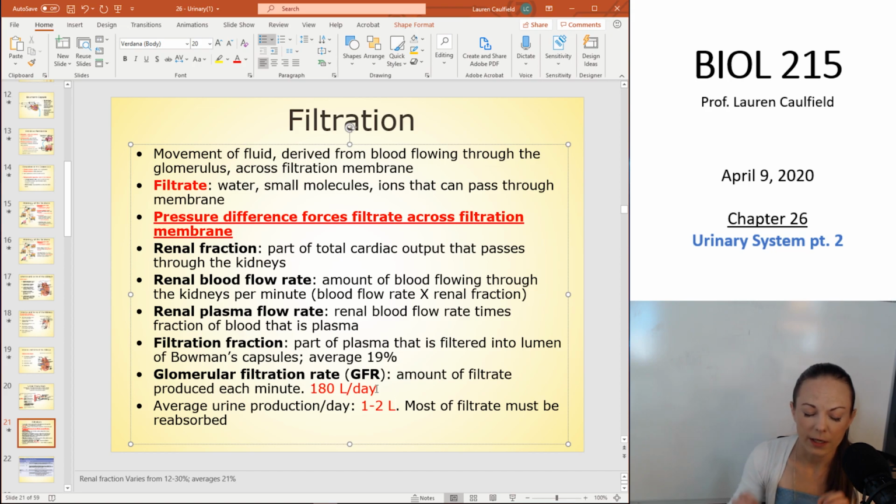You can imagine how many times you go to the bathroom per day, and an estimated volume of how much you're producing. Imagine if 180 liters was leaving your body. First of all, do you have 180 liters of fluid in your body? No. So this whole process of creating filtrate and going through reabsorption and secretion is going to end up with a total production of 1 to 2 liters of urine that leaves your body.